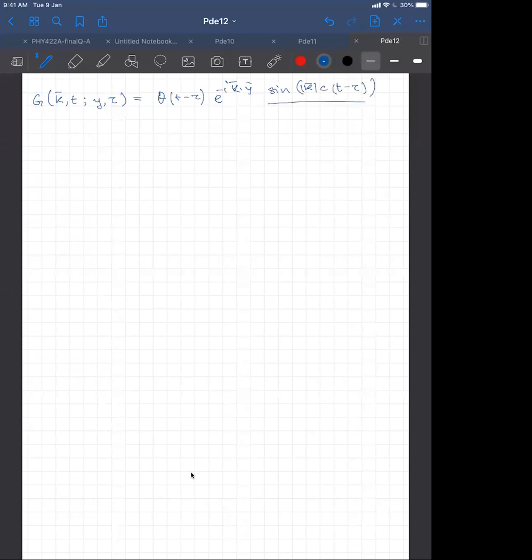It's basically the same thing, just dressed up with some factors because the equation is not exactly the same.